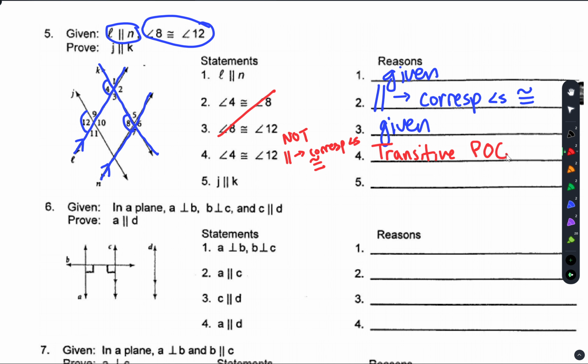Why can I not say parallel lines imply corresponding angles are congruent? Let's look at 4 and 12. What is the transversal between 4 and 12? Which line, Dahlia? Line K is not the transversal. What's the transversal?